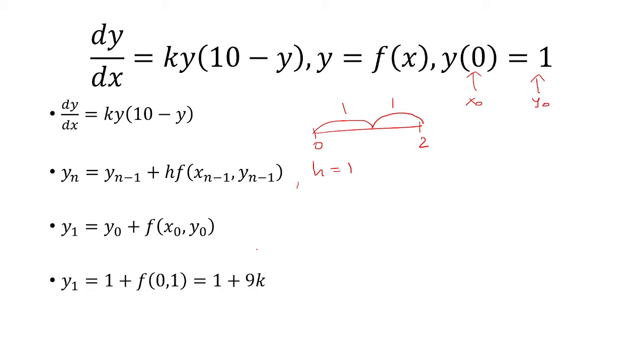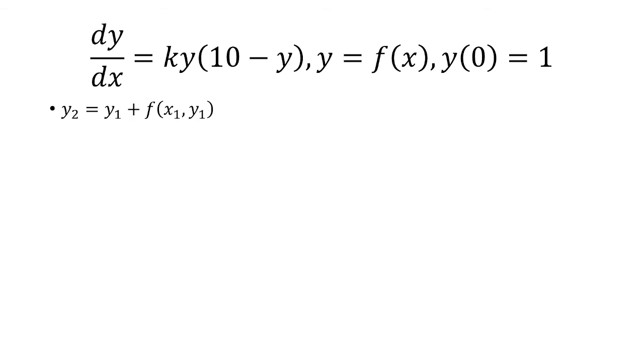And now for f(0, 1), we know that f(x, y) is equal to dy/dx, which is ky(10 - y). So if I'm looking at f(0, 1), I'm going to plug in 1 for y, and there is no k, there's no x here, and so we get 9k. Now add 9k to 1 to get 1 + 9k as y_1.